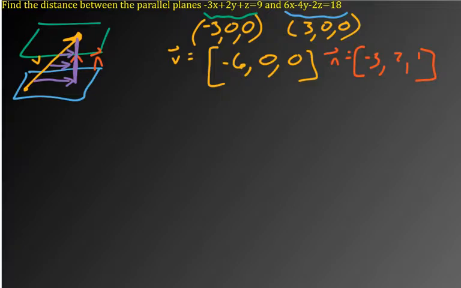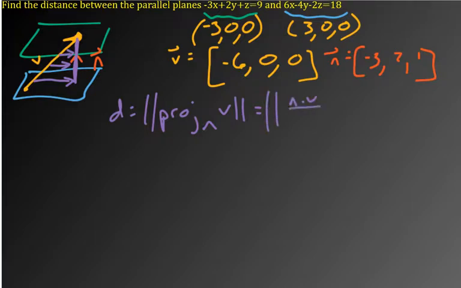And then the distance will just be the magnitude of the projection of v onto n. That looks like n dot v up here, and n dot n down here, and all of this is times n.